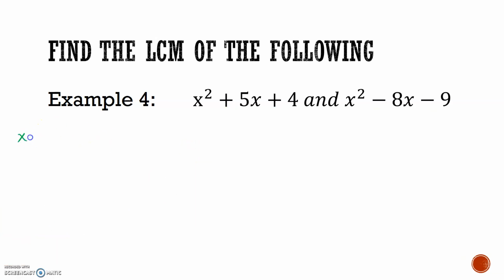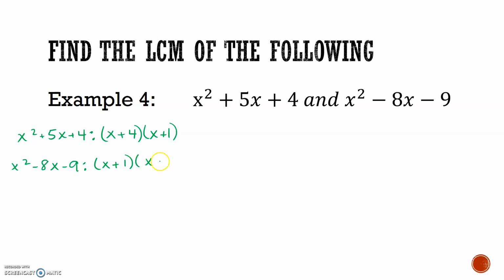For x squared plus 5x plus 4, the factors of that are x plus 4 times x plus 1. The factors of x squared minus 8x minus 9 are x plus 1 and x minus 9.